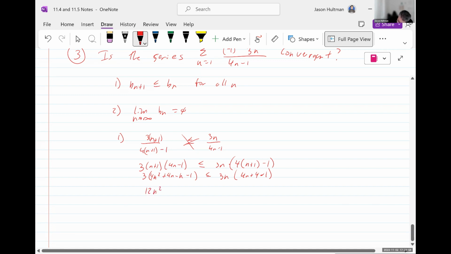Let's combine this: 4n minus n is 3n, so that's 3 times 4n squared plus 3n minus 1. And now let's distribute. This is 12n squared plus 9n minus 3. And then this is 4 minus 1, so that becomes 3n times 4n plus 3.